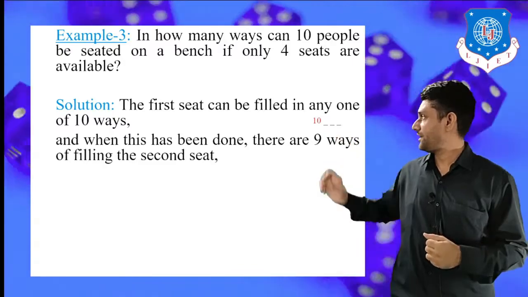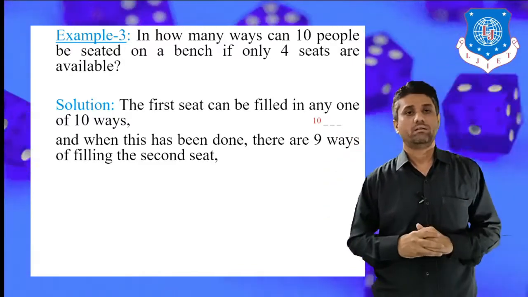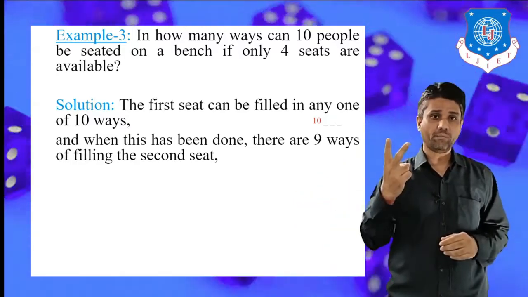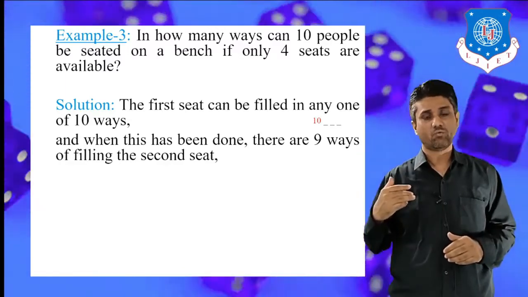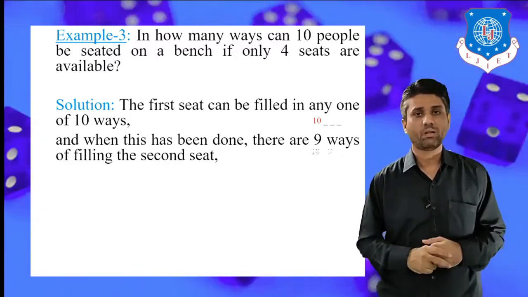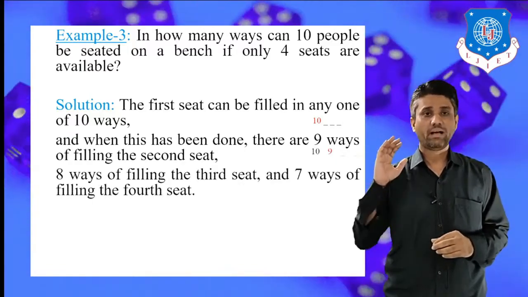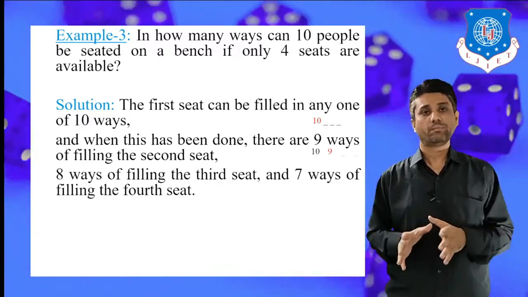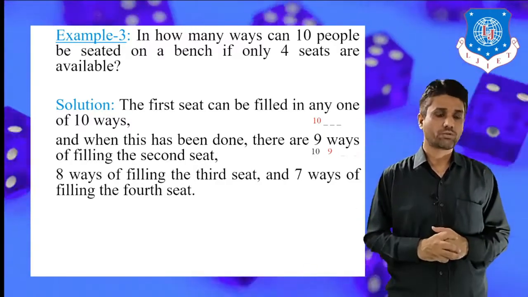So for selecting the first person, we have 10 possibilities. When this has been done, for selecting the second person one possibility is removed, that is 10 minus 1, which is 9 ways. In the same way, there are 8 possibilities for the third position and 7 possibilities for the last position, that is the fourth position.